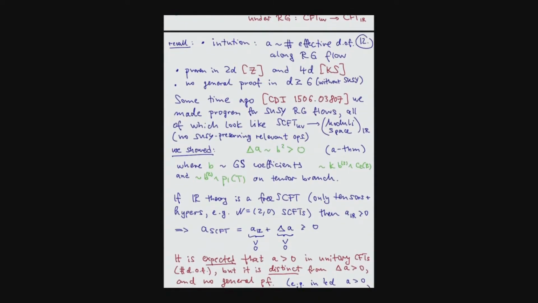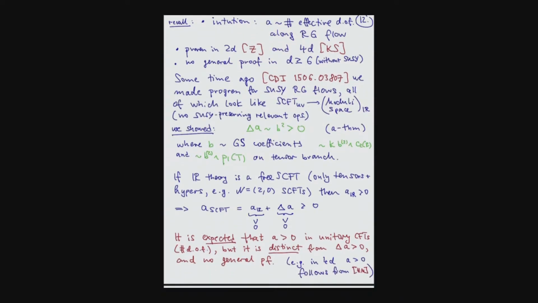However, the A theorem in itself does not imply, trivially, that the total A anomaly of a given CFT is positive. Roughly speaking, you might think that it does, because you could, for example, try to take a CFT and flow to a trivial gapped theory in the infrared. And if you do that, then the infrared theory doesn't have any A anomaly.